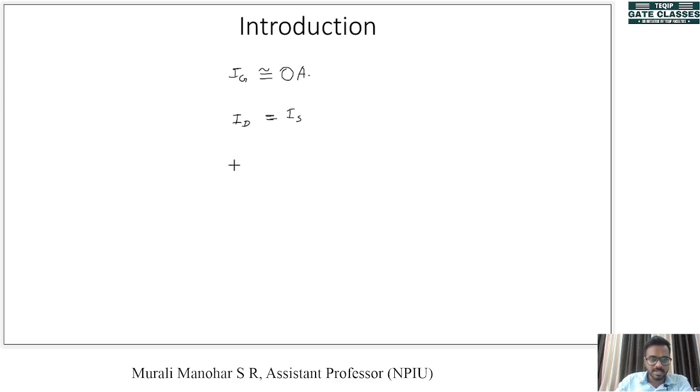The third relationship we have already seen. This is also called Shockley's equation, that is, Id is equal to IDSS into 1 minus VGS by VP, the whole square. This is the equation that shows the relationship between input and output quantities. With this, we can go into the DC analysis of different biasing circuits of FETs.